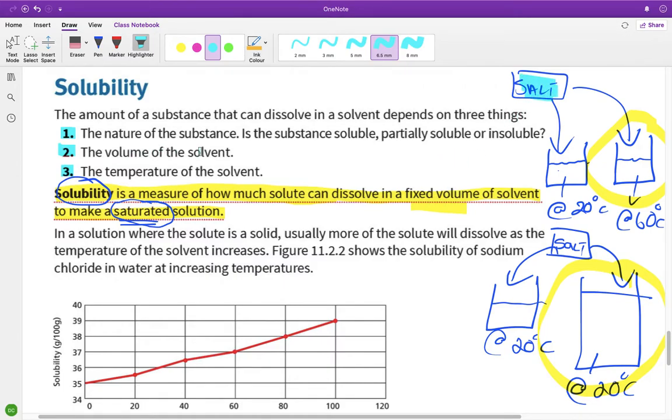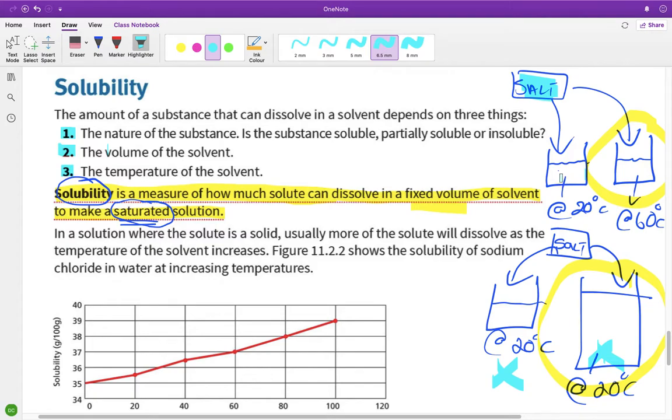Okay, the volume of the solvent, like I said down here, if you have way more water, obviously it's going to take way more salt before you can't add any more salt. So that's what volume means, it's the amount of water. And then temperature, like I said here, you can try this one at home if you want.